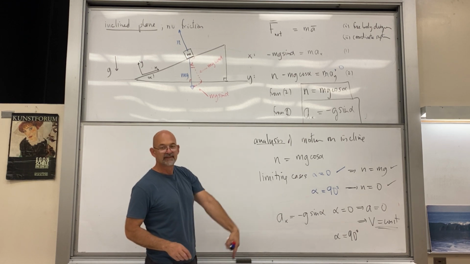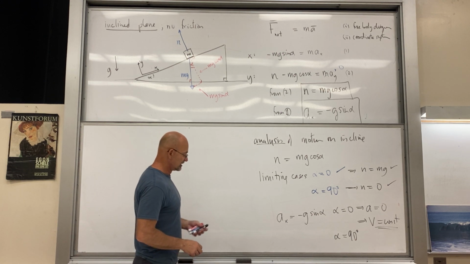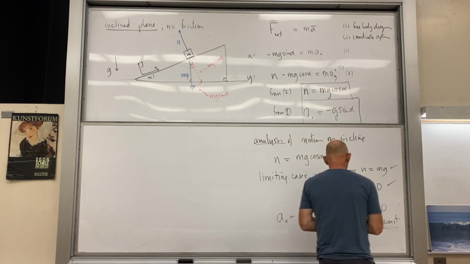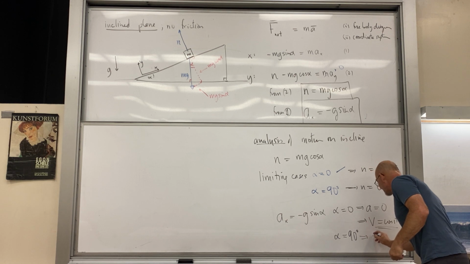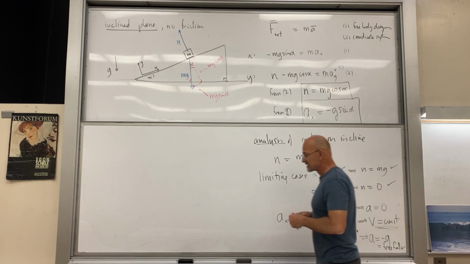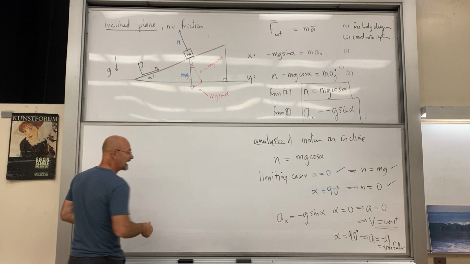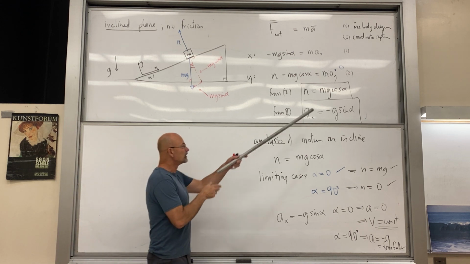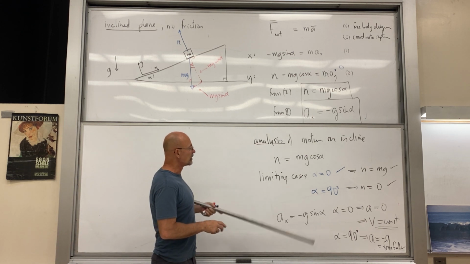It's free fall in the down direction. So a equals minus g equals free fall. Okay, so this is the difference between just getting an answer and understanding what the answer is.